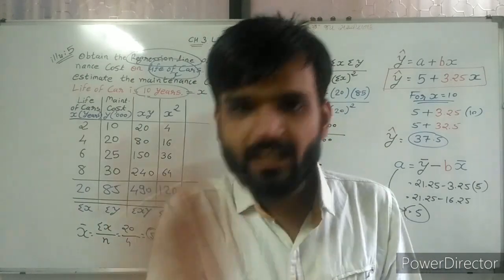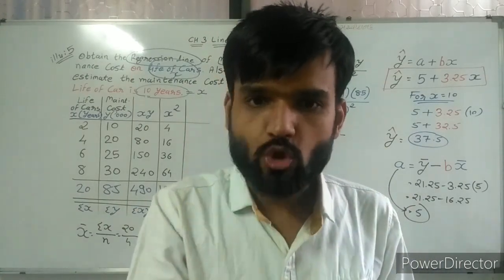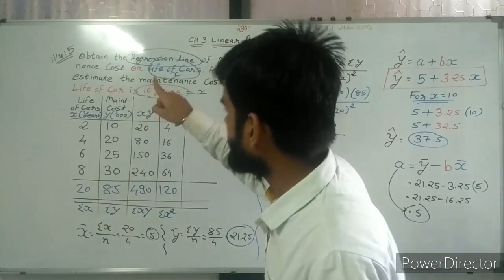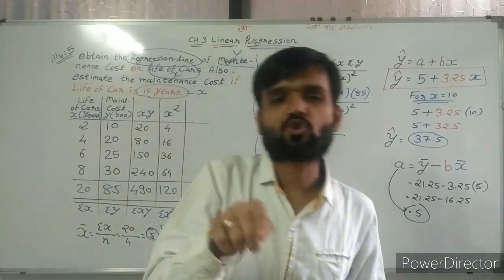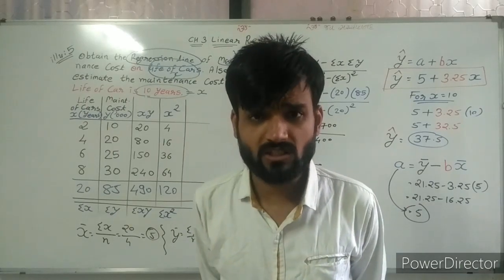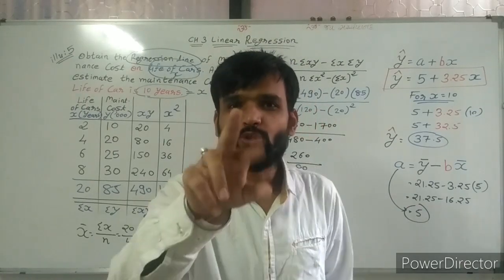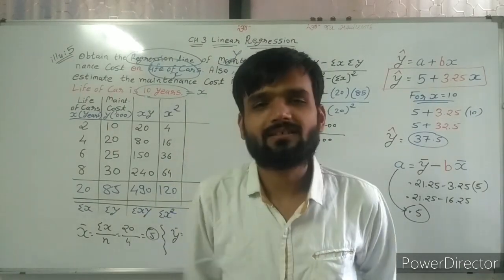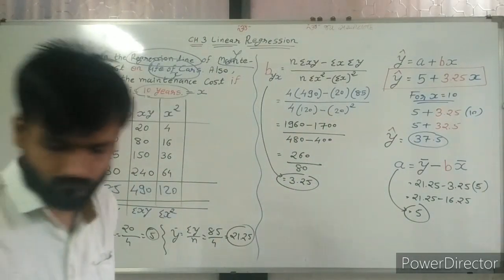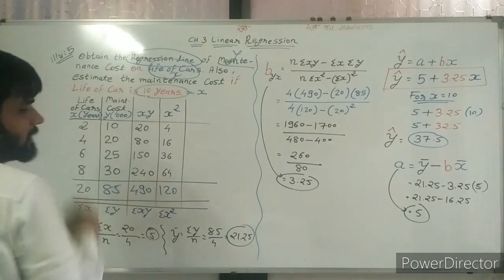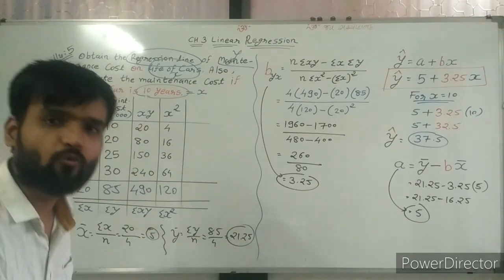Here the clarification is given: use the shortcut method. So the same sum we have to do with the shortcut method. Now, sir, which is the shortcut method? The UV method is the shortcut method. So we are doing this same sum with the UV formula.